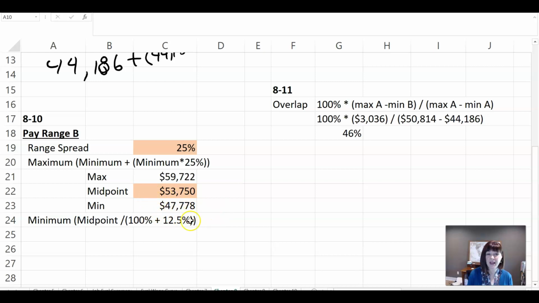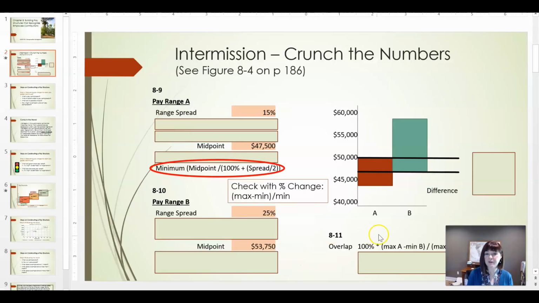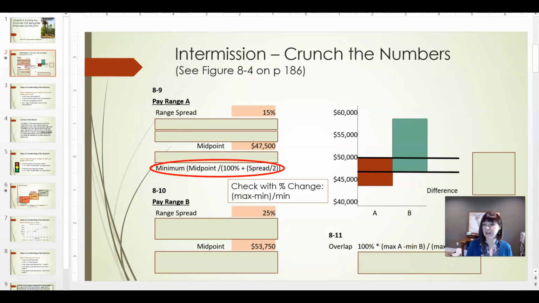Once you know that, you can calculate the maximum: 47,778 plus 47,778 times 25%, and that gets you 59,722.